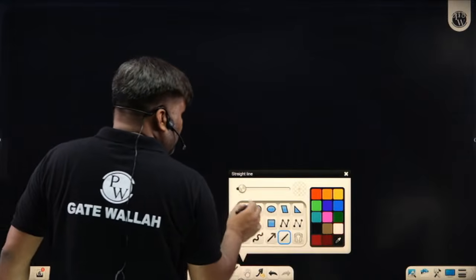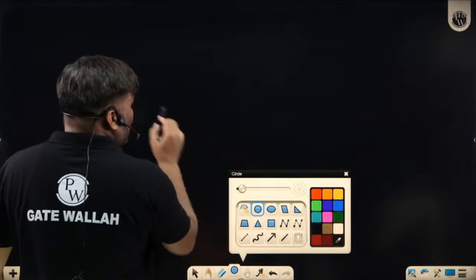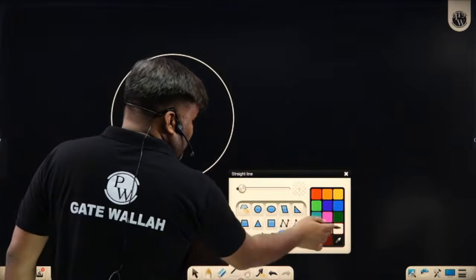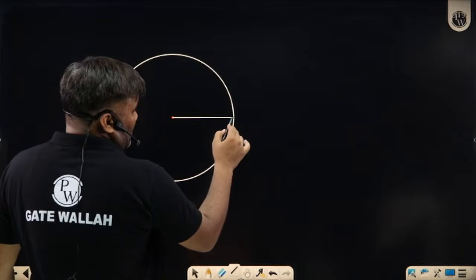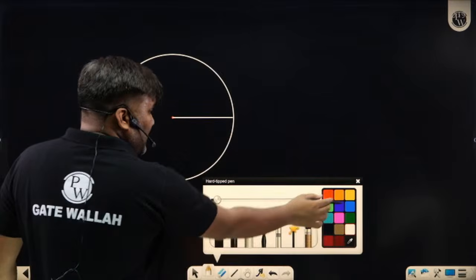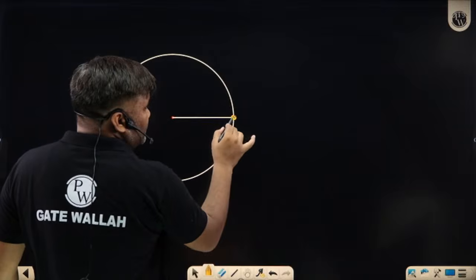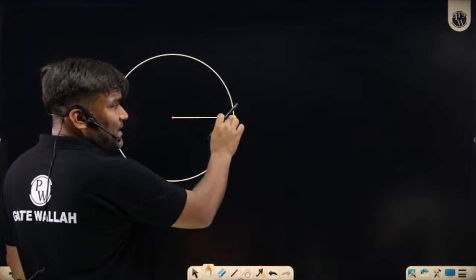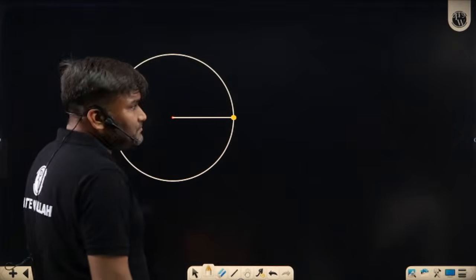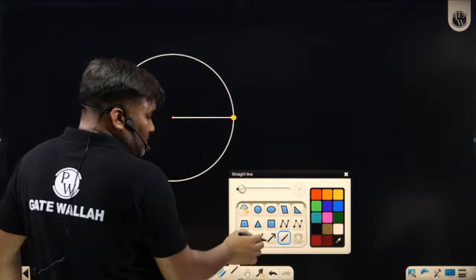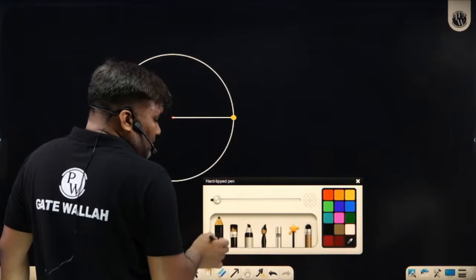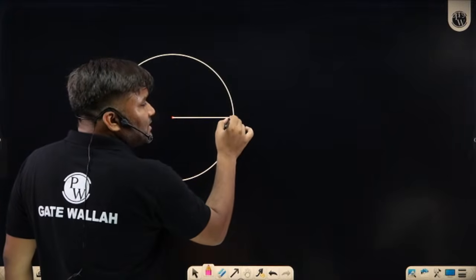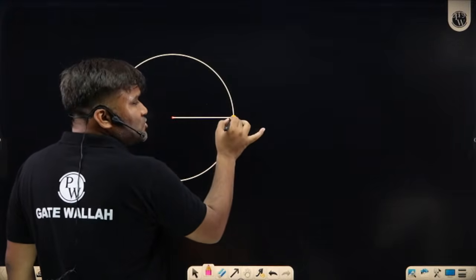Suppose I have a particle which is moving in a circular path. This is the circular path, and I have a thread on which I have a stone. It is rotating. So when this particle is going to have circular motion, we have centripetal force acting on it, which is always towards the center.